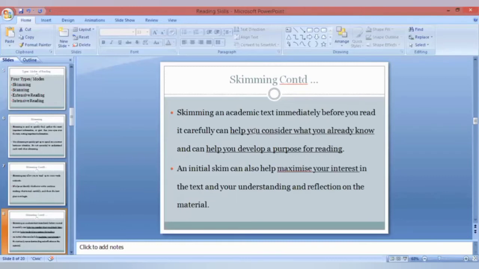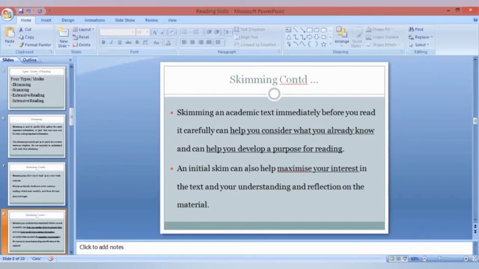And it also helps you define the purpose of your reading. You come to know whether the text you are reading is of any purpose to you or not, and for what purpose this document was actually written.